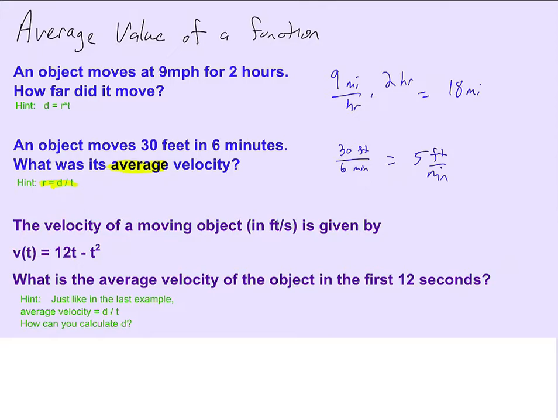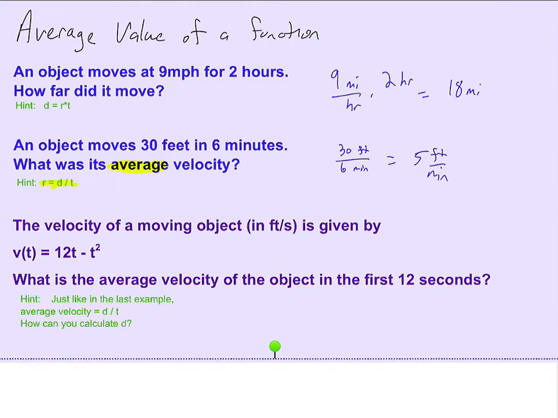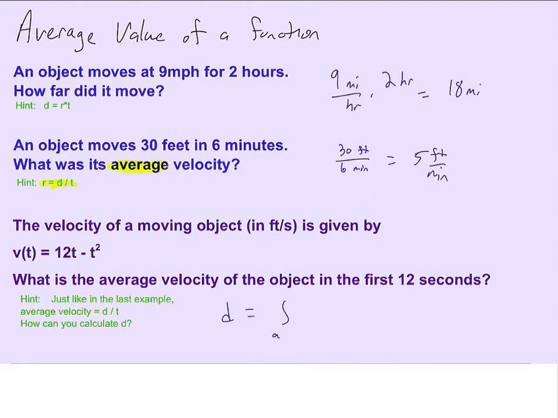All right, well, how do you figure out how far something has traveled in 12 seconds if all you know is its varying velocity? This brings us back a few months, but we talked about this earlier. That would be the definite integral of the velocity. The distance traveled is the definite integral of the velocity from a to b.